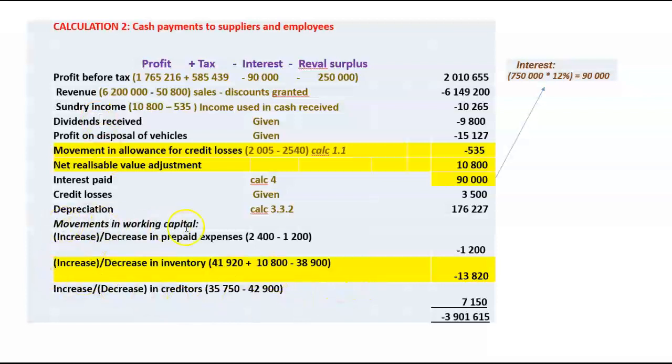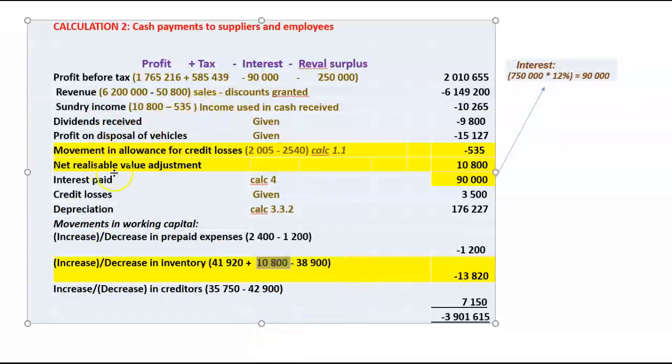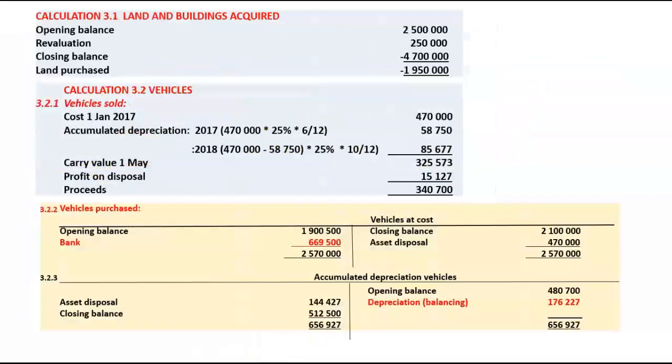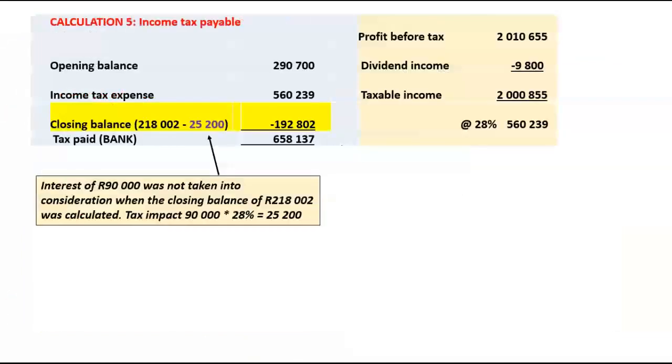Remember here with our working capital changes that with inventory, you add back the 10,800 Rand net realizable value adjustment when you compare it to last year's balances. Yes, all your PPE calculations, I'm not going to have a look at that.